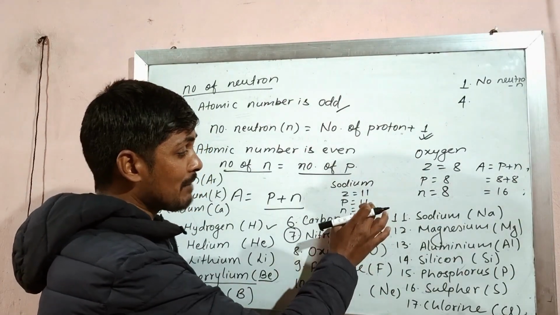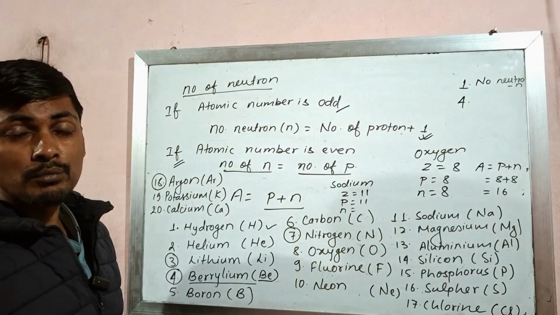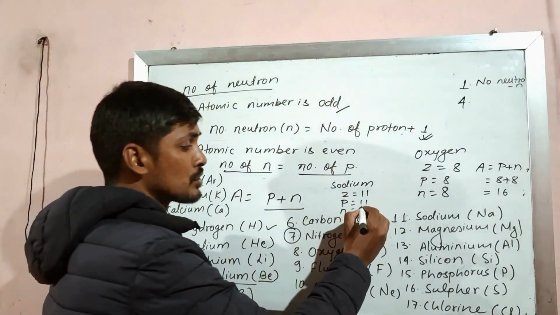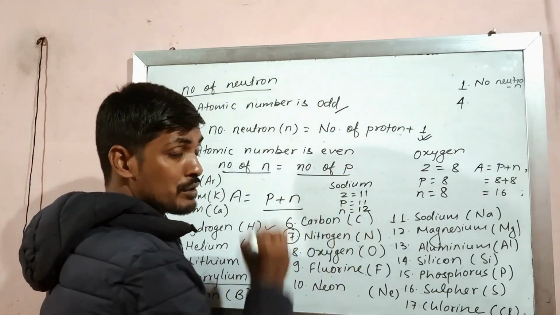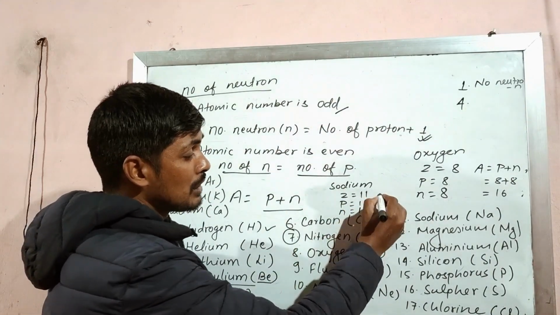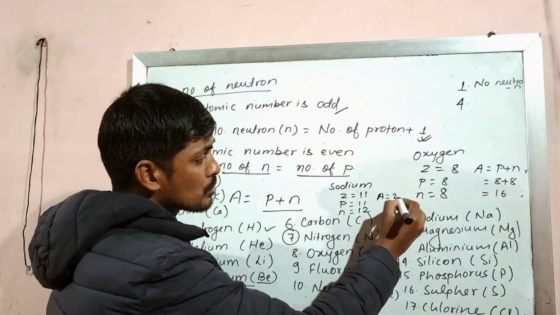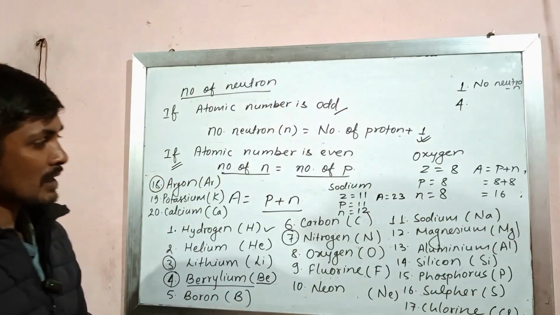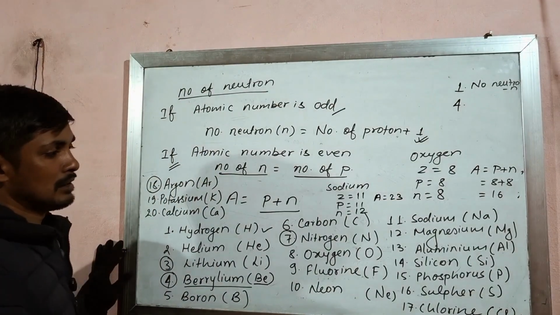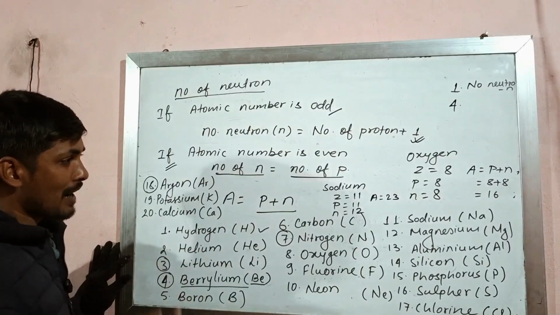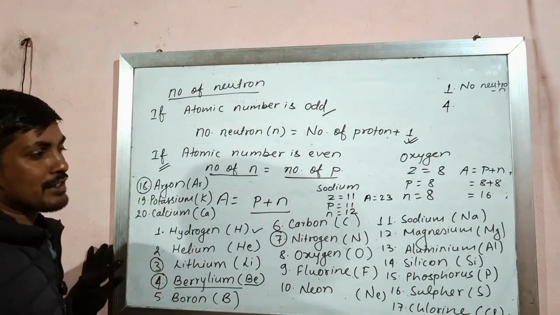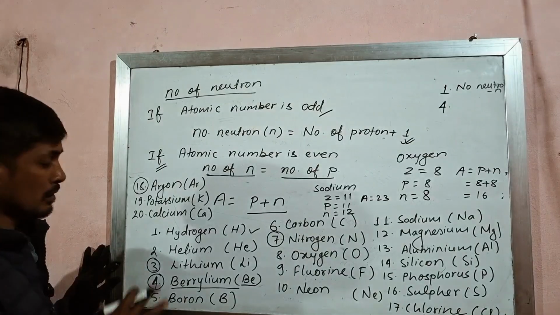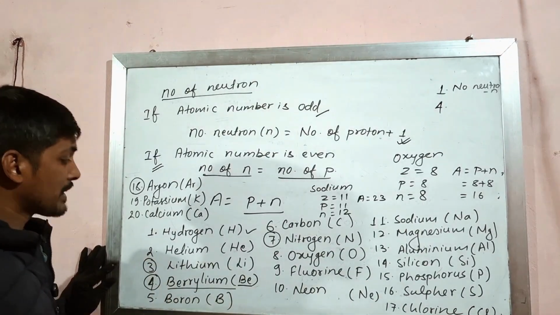That means proton is 11. So neutron will be 11 plus 1, that is 12. So what will be its atomic mass now? Proton plus neutron. That means 11 plus 12. So A is equal to 23. In this way, we can find the atomic mass of any element from 1 number to 20 number.